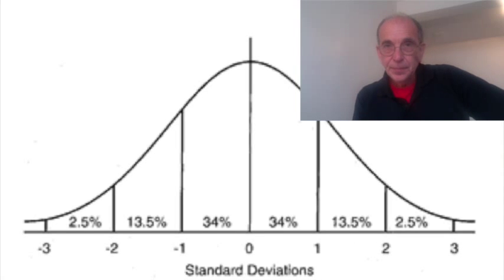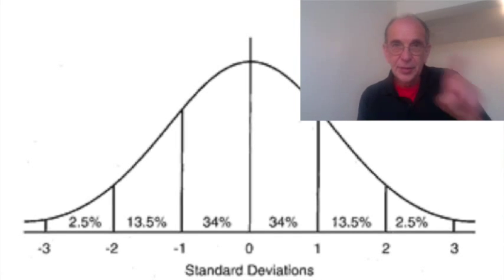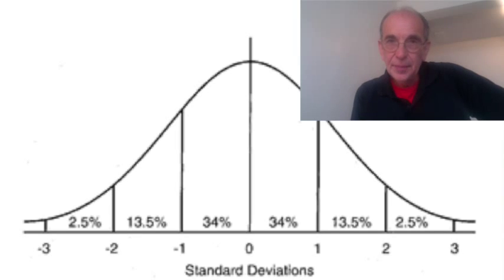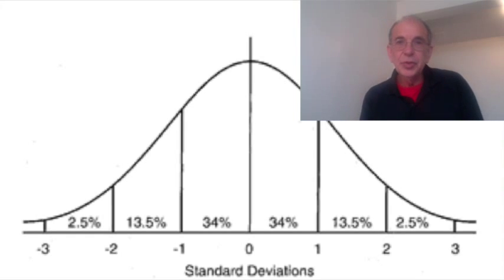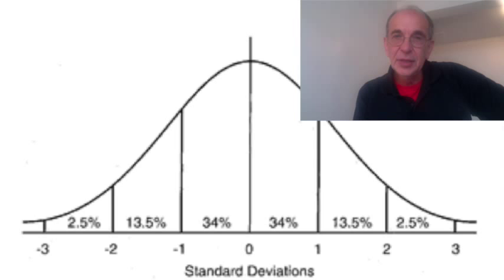Now, why the hump in the middle? You see the hump in the middle? Why that? Well, that's the central tendency. And in any population, most people will score at or near the mean, near the center.